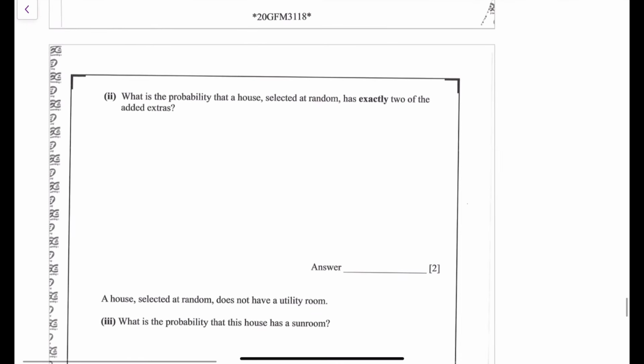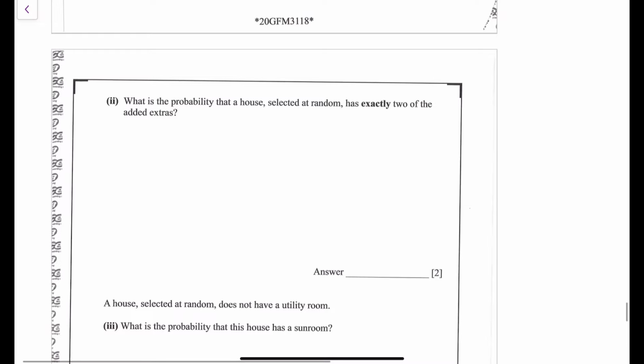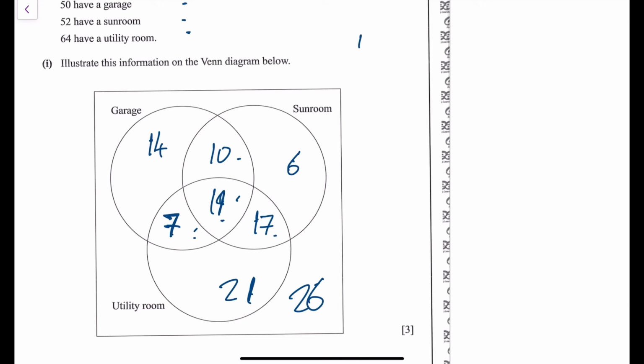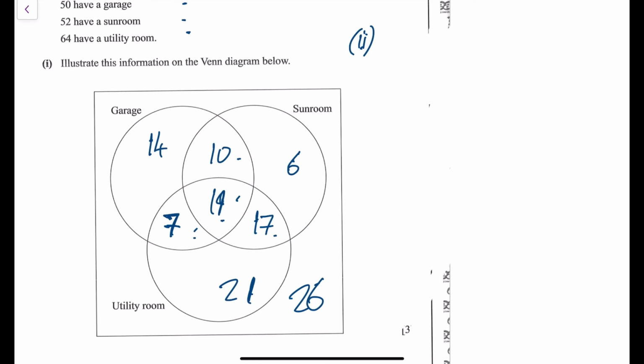Okay, what is the probability the house selected at random has exactly 2 of the added extras? So let's just do this. This is part 2. Let's do it up here, just so you can see it. So exactly 2 would be this one.